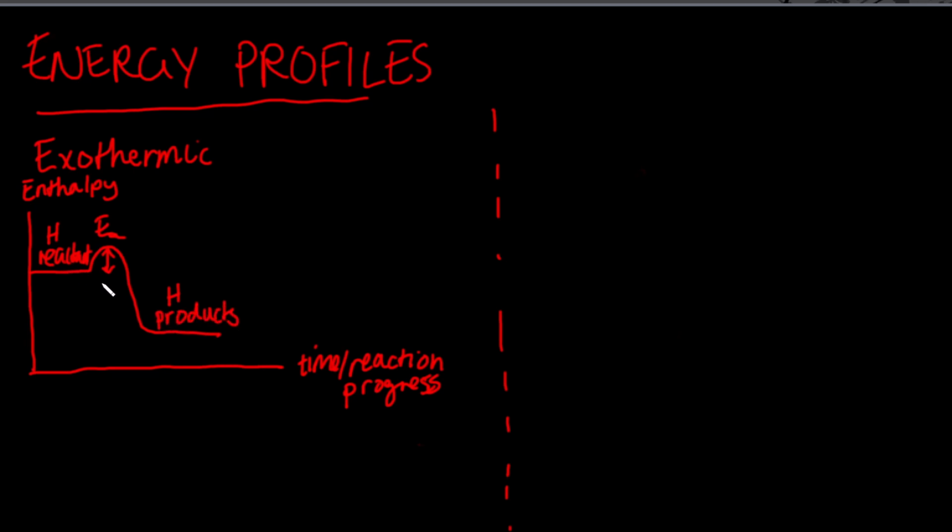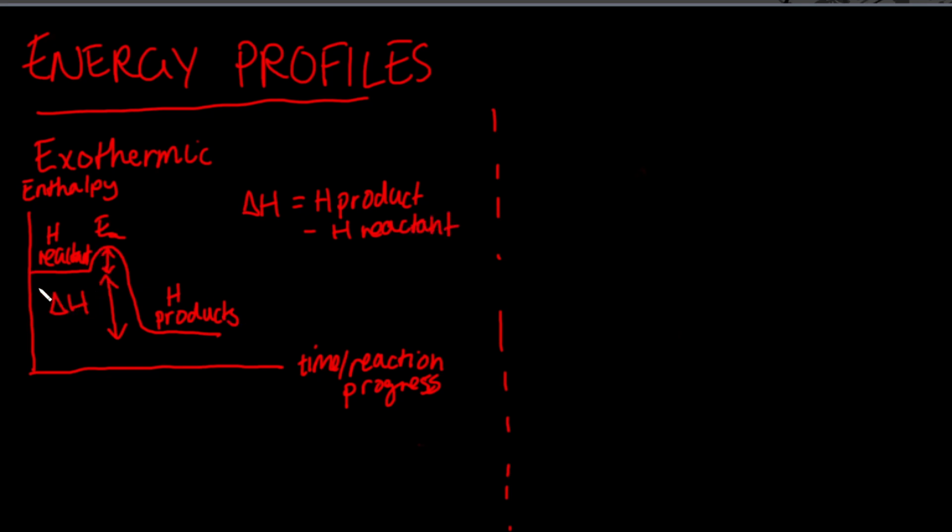And the difference between these two values is called delta H, the change in enthalpy. So the way we calculate this delta H value is by using the product enthalpy and subtracting the reactant enthalpy.